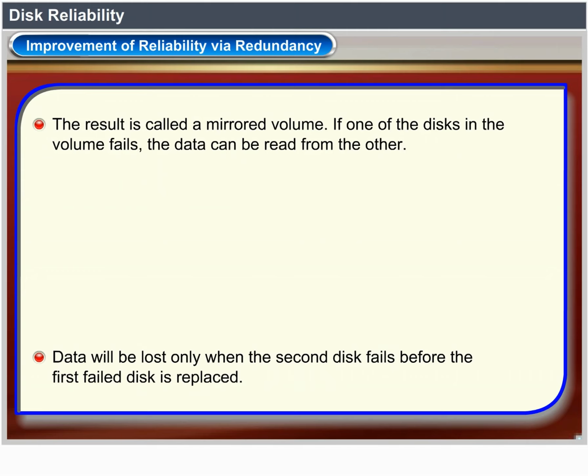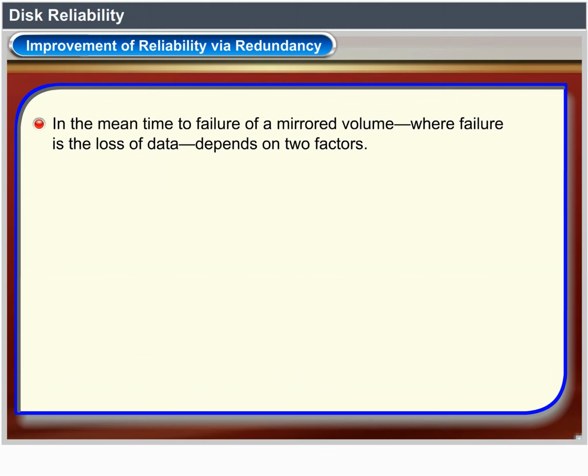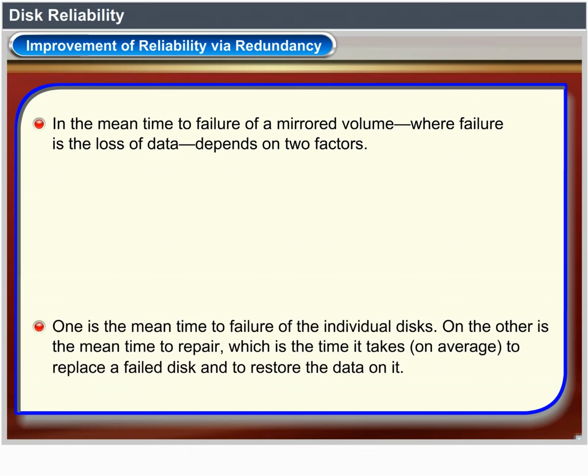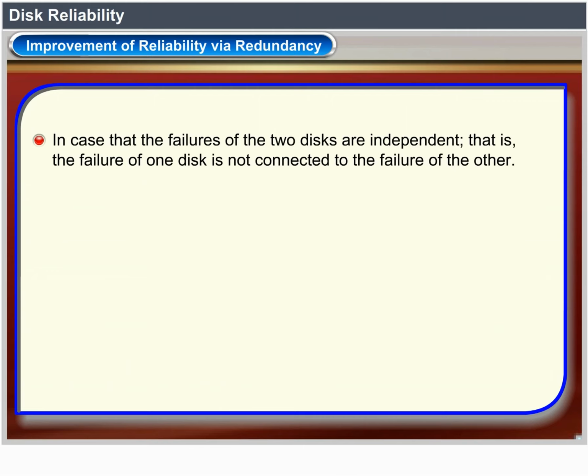The mean time to failure of a mirrored volume, where failure is the loss of data, depends on two factors. One is the mean time to failure of the individual disks. The other is the mean time to repair, which is the time it takes on average to replace a failed disk and to restore the data on it. Suppose that the failures of the two disks are independent, that is, the failure of one disk is not connected to the failure of the other.